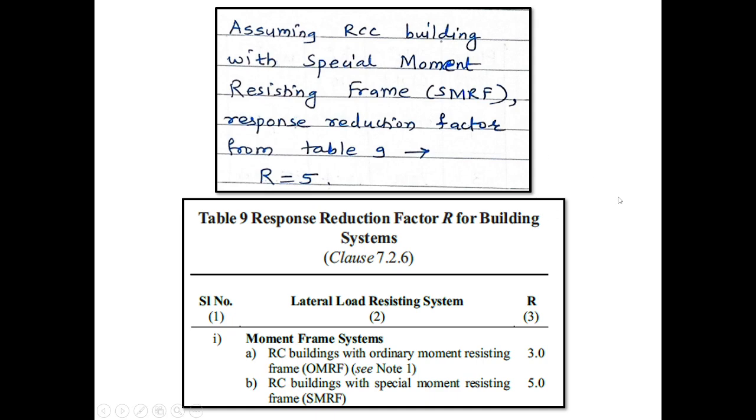Now let us assume that it is a special moment resisting frame structure, that is SMRF, and therefore the response reduction factor from table 9 of IS code for category B, that is RC buildings with special moment resisting frame, is 5. Here I am not going to discuss the theory about response reduction factor, so I am directly taking input R equal to 5.